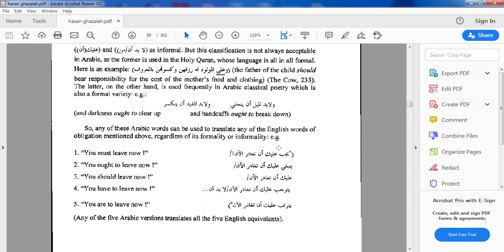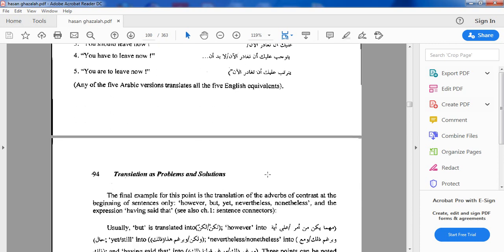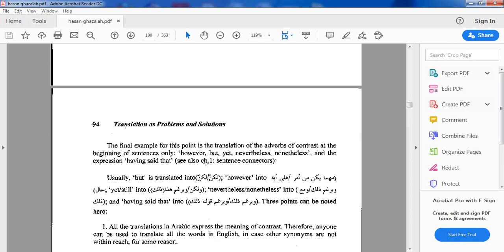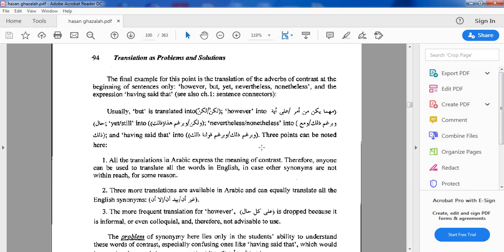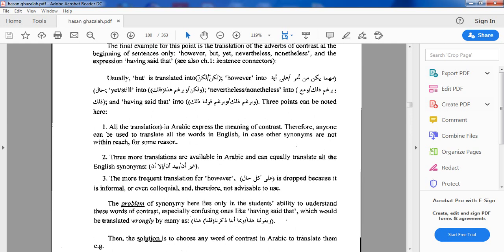And he gives here some solutions. Actually, he notes here 3 points, and this is something very important. We have to note those 3 points.